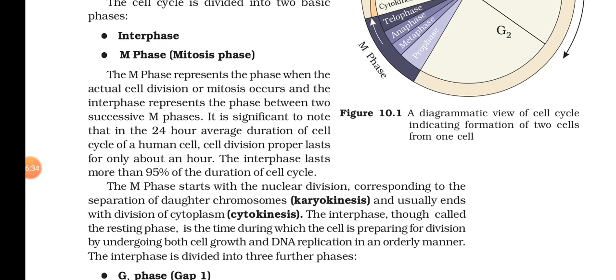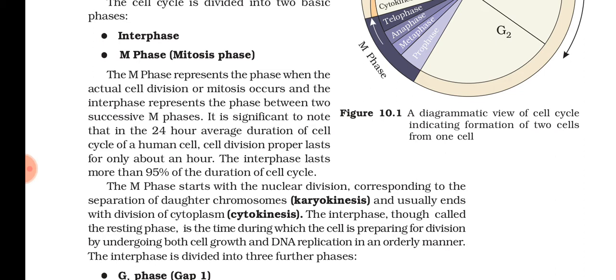It is just known as the resting phase, but at that time also a lot of processes are going on in the cell. For example, cell growth and DNA replication are taking place, but the visible division, the distribution of DNA, takes place in the M phase.